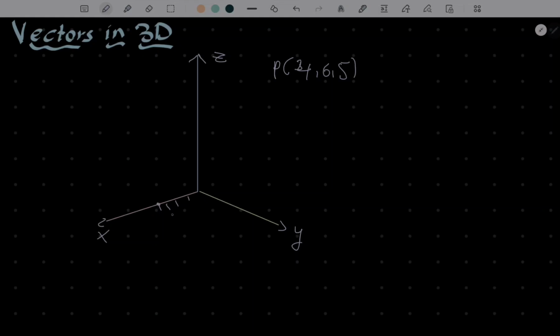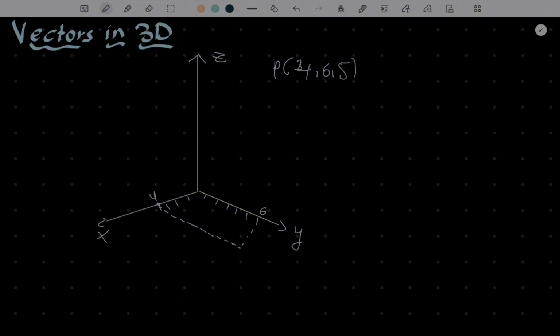And then from here, we're going to travel towards the y-axis. We're going to draw a line that is parallel to the y-axis, and then we're going to find the corresponding y component. Once we find our point, then we're going to draw a broken line that is parallel to the x-axis. And then next, we're going to draw a line upwards that is parallel to the z-axis.